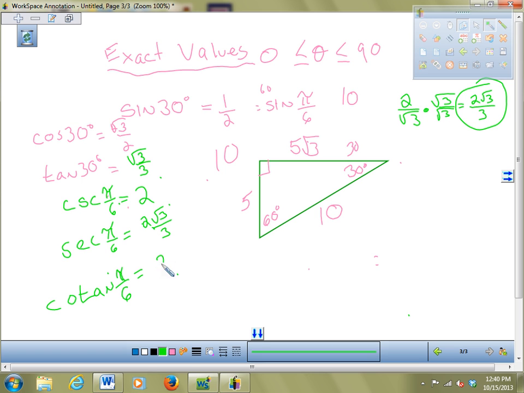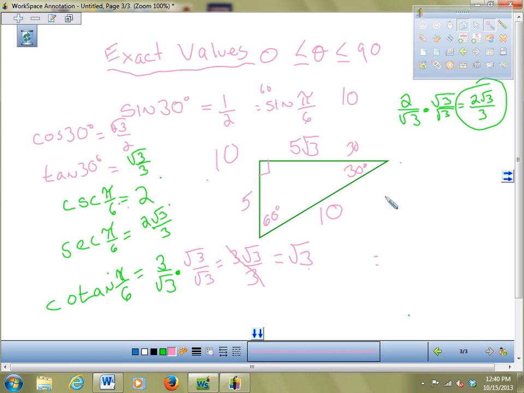So that's equal to 3 over the square root of 3. When I rationalize the denominator by multiplying by root of 3 over root of 3, I get 3 root of 3 over 3, which is just root of 3. So you have cosine, tangent, cosecant, secant, and cotangent.